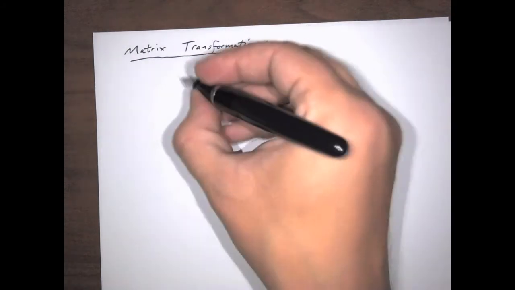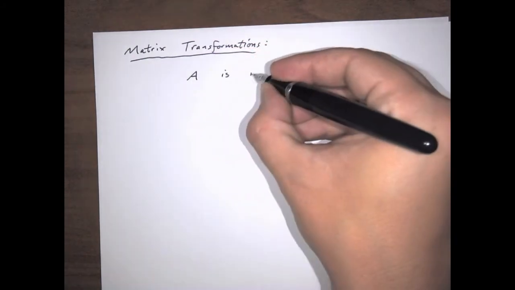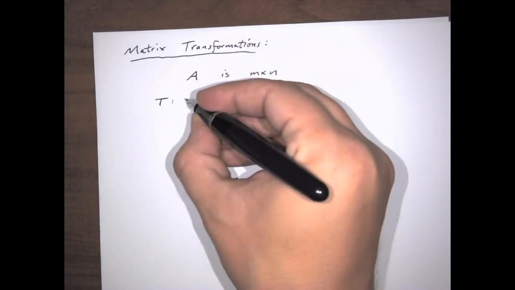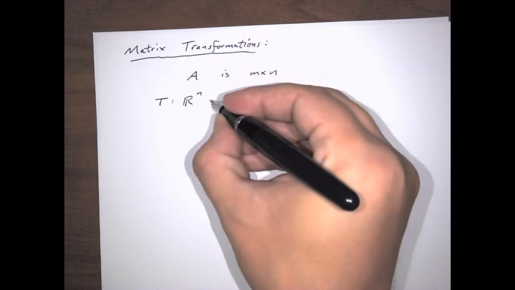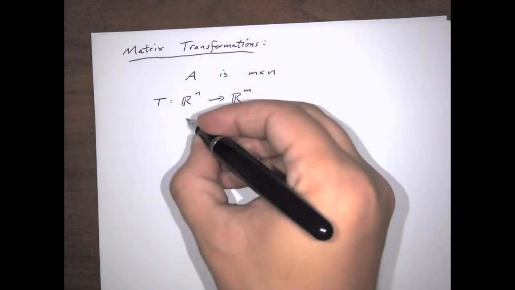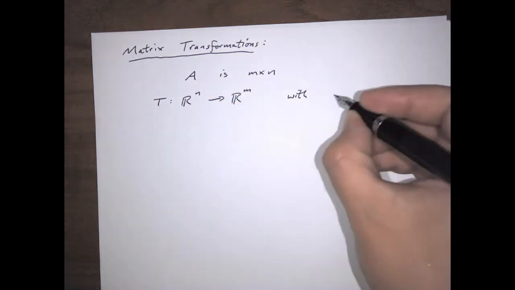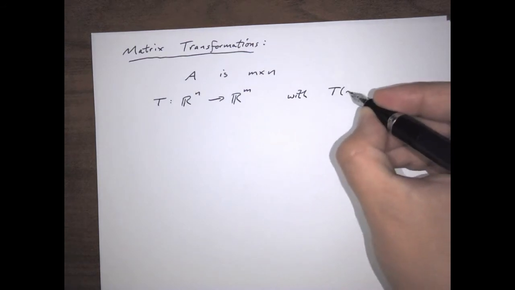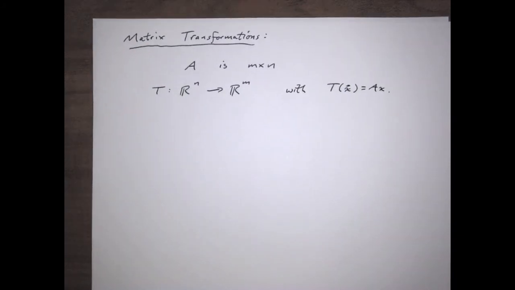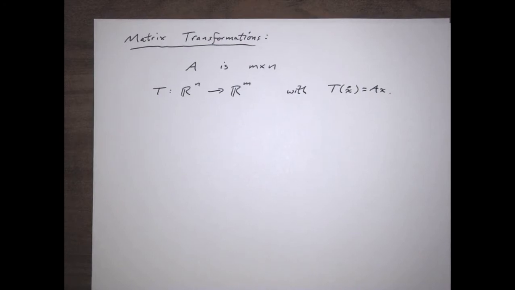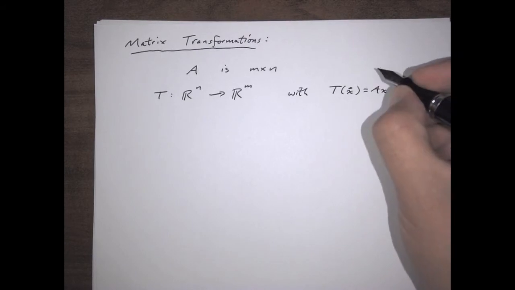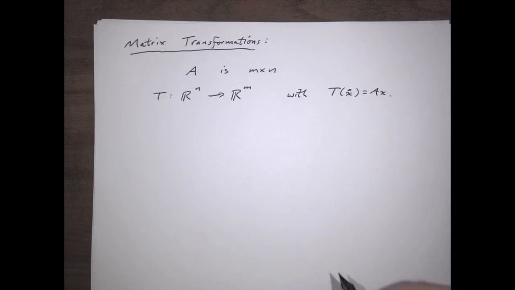So let's say that A is m by n, and T, which is the transformation from Rn to Rm, is given by T of x equals Ax. So this is a species of linear transformations. It's quite regular, quite well understood, and you'll understand it all too by the end of this term.